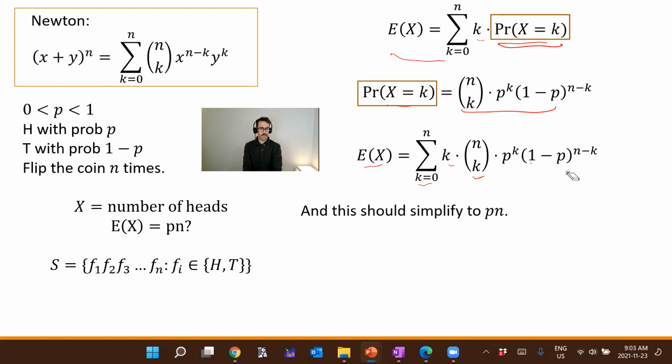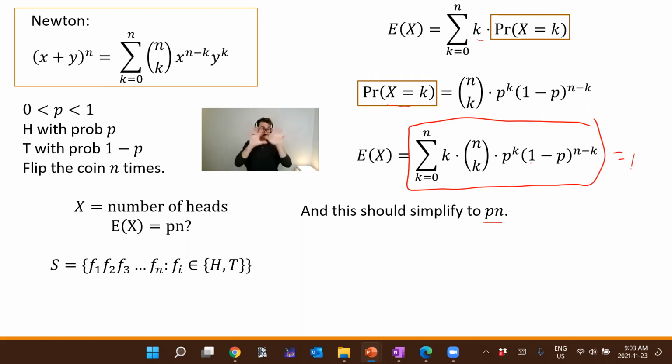And then apparently all of this should simplify to P times n. So we want to show that this is actually equal to P times n.